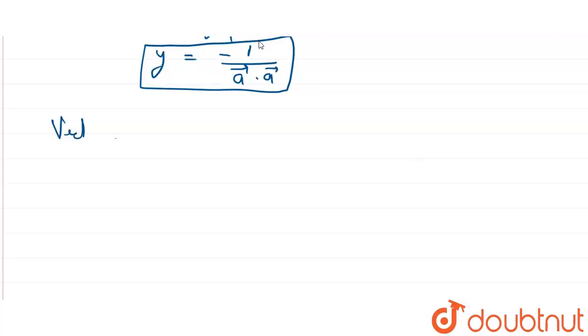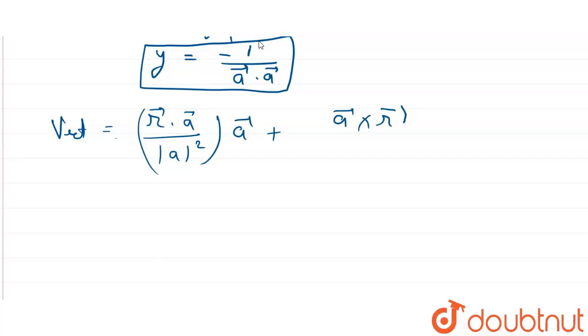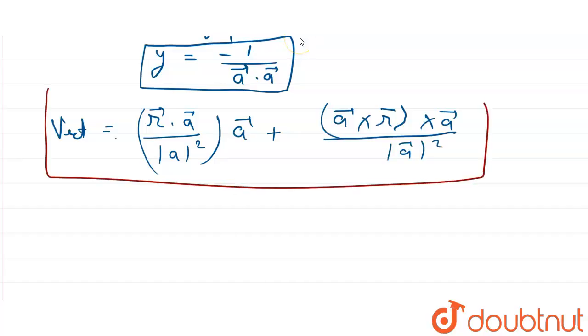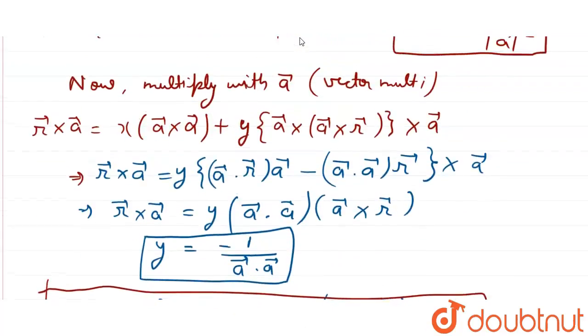The vector will be equal to r vector dot a vector upon mod of a squared into a vector plus a vector cross r vector cross a vector divided by mod of a squared. Okay, so this is our final answer, what we have to find. So this is the equation of that parallel line.